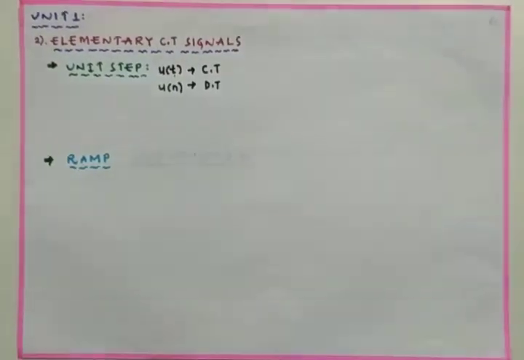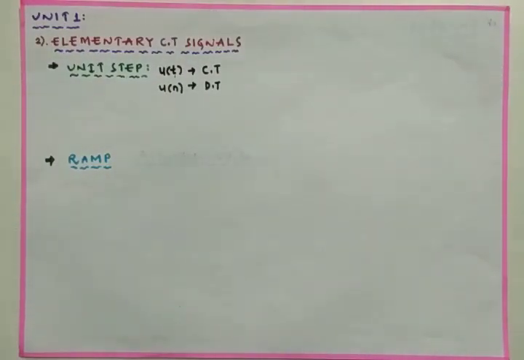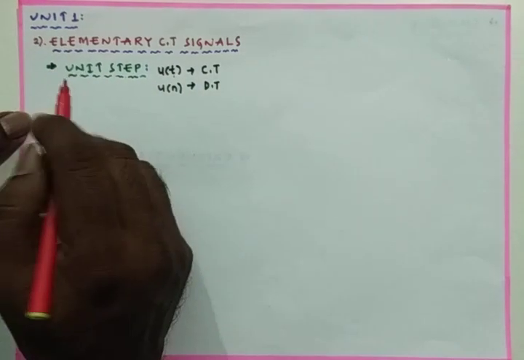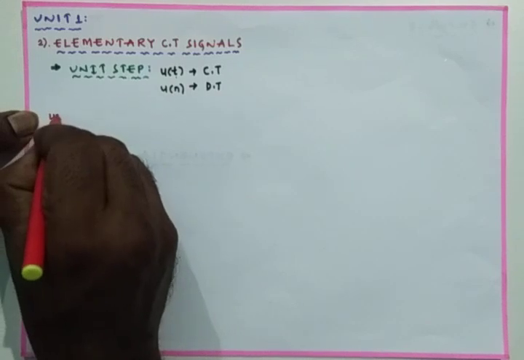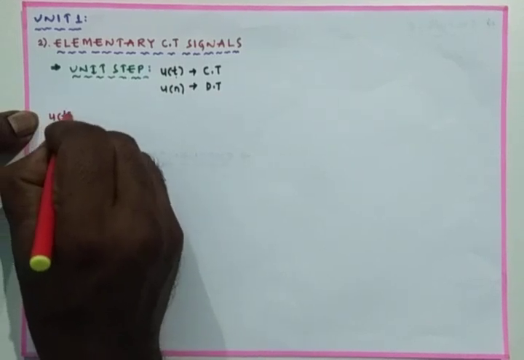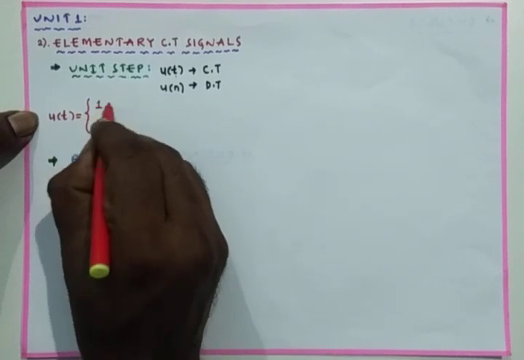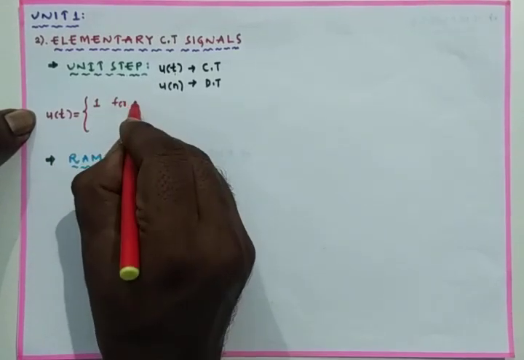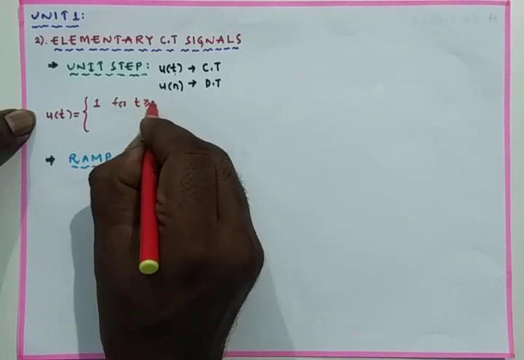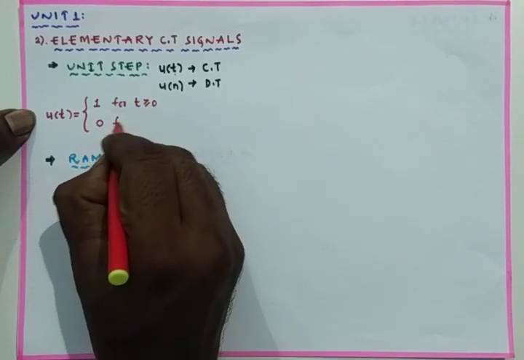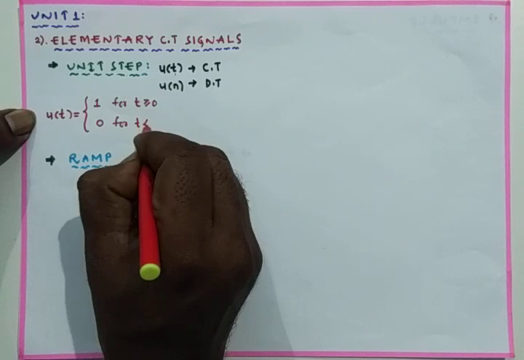In the last class I have given the mathematical representation of the continuous time unit step signal, that is, u of t is equal to 1 for t greater than or equal to 0, and 0 for t less than 0.